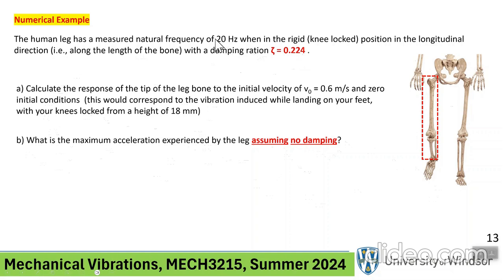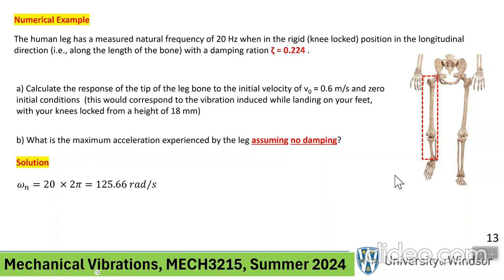But this is Fn, this is not omega n in radians per second. That's what we want. So let's first of all multiply it by 2 pi. Take this 20 hertz, multiply by 2 pi. You get the natural frequency of this mass spring damper system in radians per second. Okay, so that's the first step.